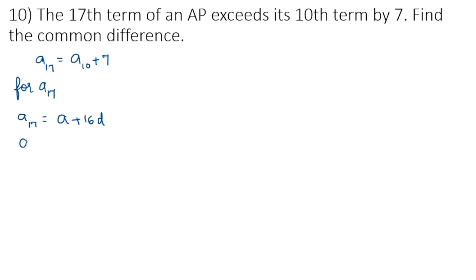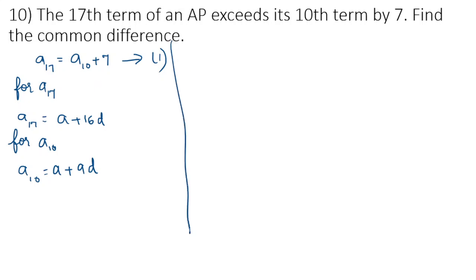And for A10 we can write A10 is equal to A plus 9D. So A17 is A plus 16D is equal to A plus 9D plus 7.